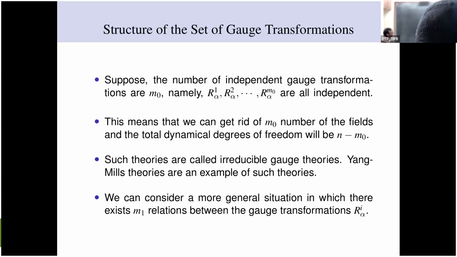We are saying that if there are m naught independent gauge transformations, then n minus m naught remains. This is not just the number of fields; it is the independent gauge transformations.